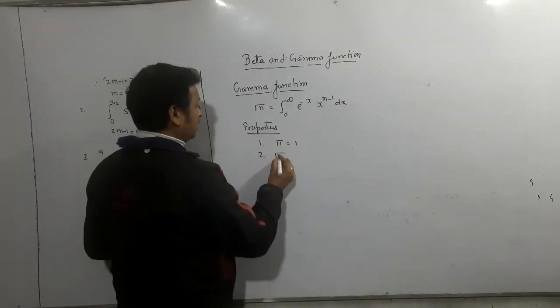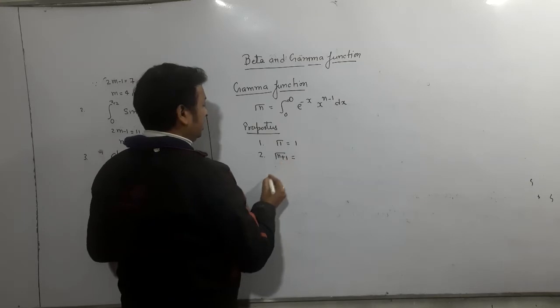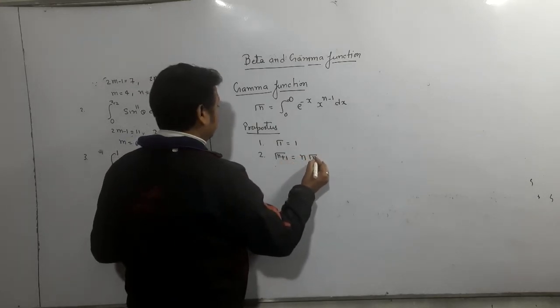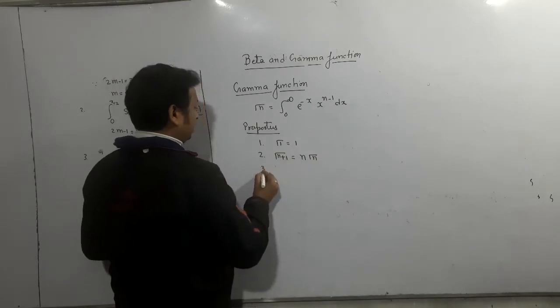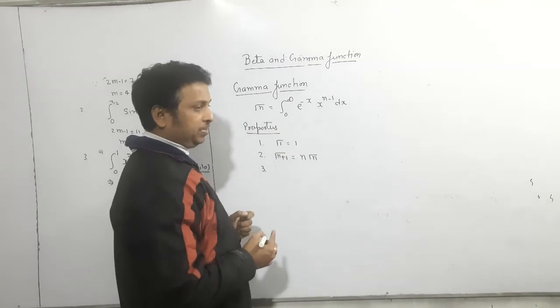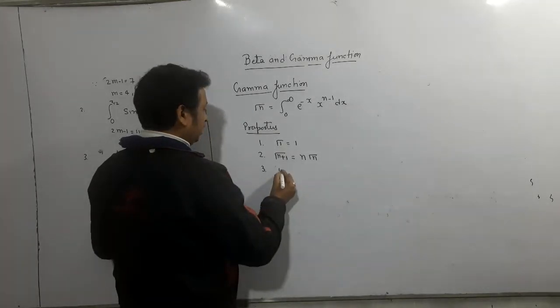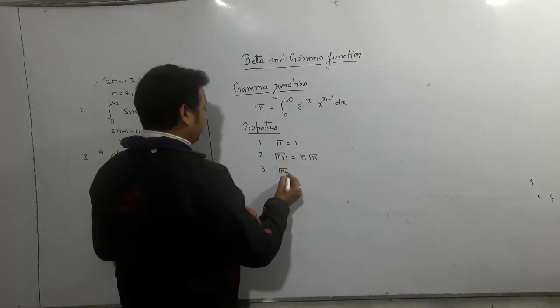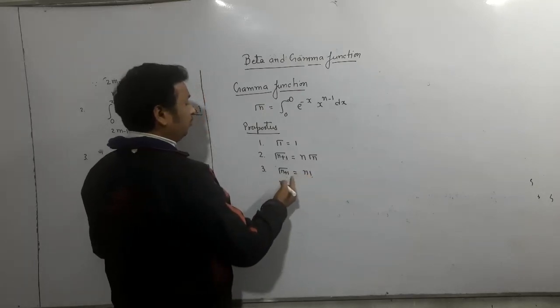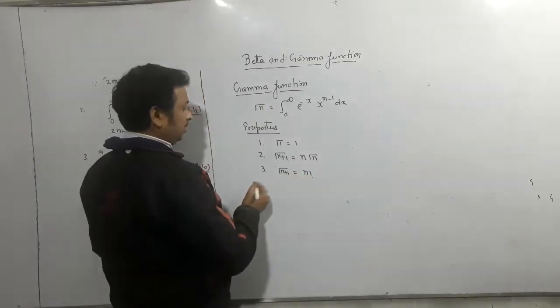Gamma n plus 1 is equal to n gamma n. This one we use when the argument is fractional. And gamma n plus 1 is n factorial. This one we use when n is an integer.